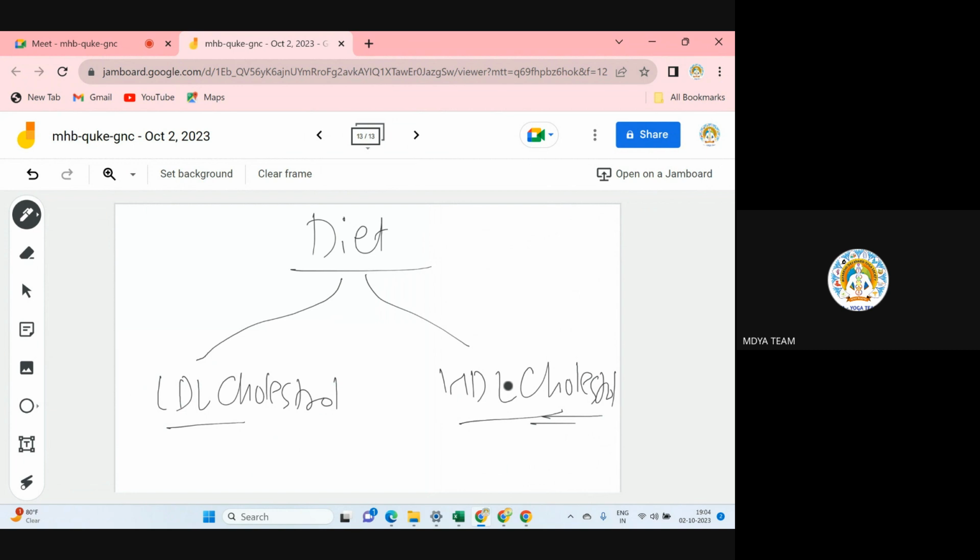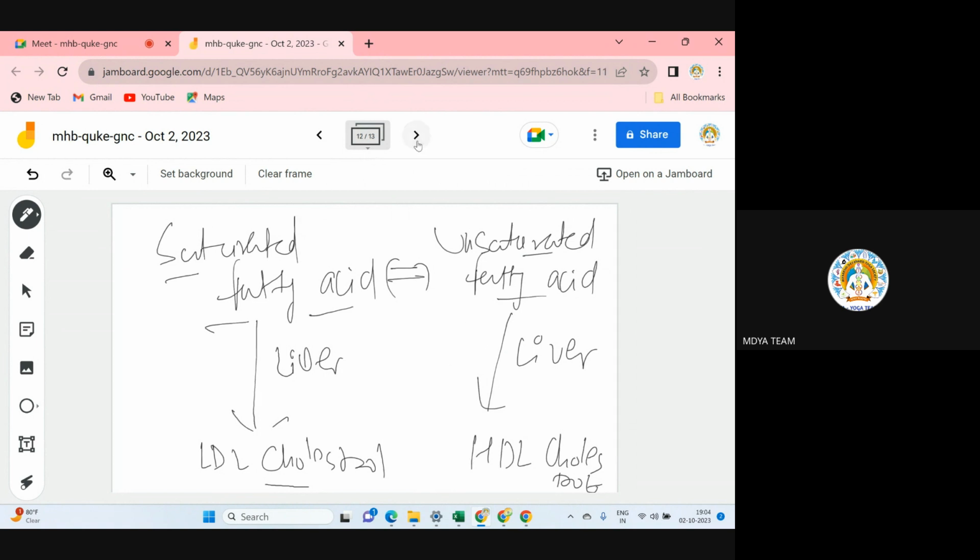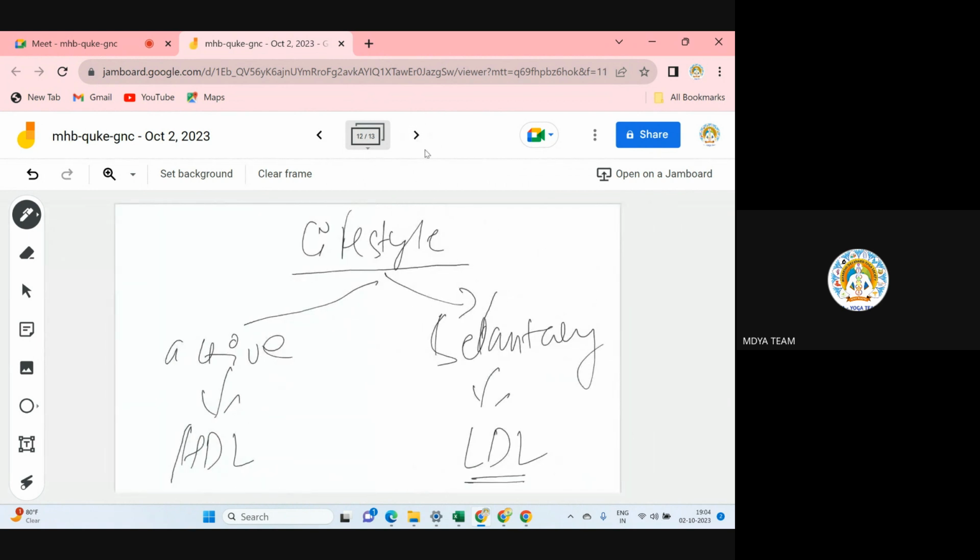So we also intake LDL cholesterol or HDL cholesterol directly from our diet. 20% cholesterol comes from our diet, and 80% cholesterol is formed in our body, and that formation also depends on whether we are having saturated fatty acid in diet, unsaturated fatty acid in diet, or whether our life is physically active or we are having a sedentary lifestyle.